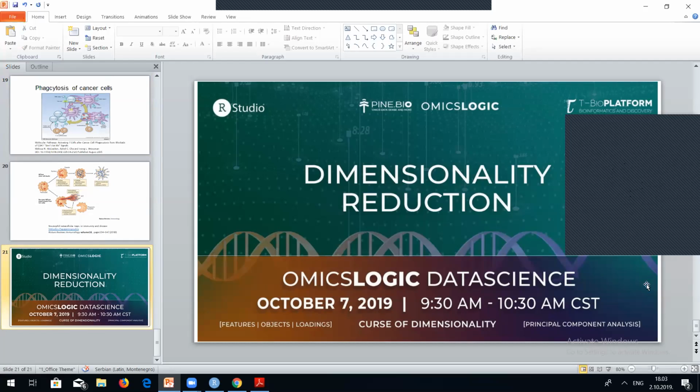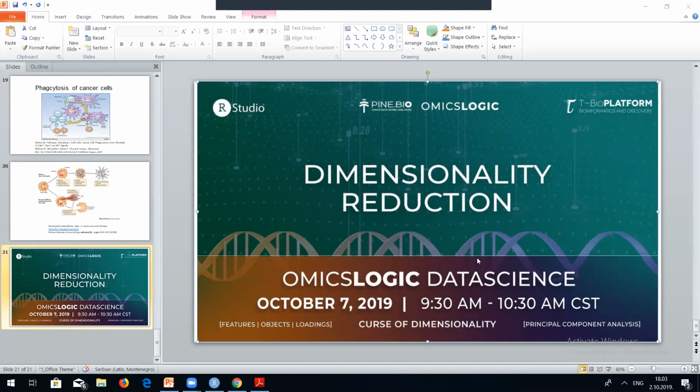Okay, so the next session will be held on October the 7th, and we will use another type of machine learning. This time, we will be differentiating different machine learning algorithms and how they work. So sometimes we have very complex data sets.